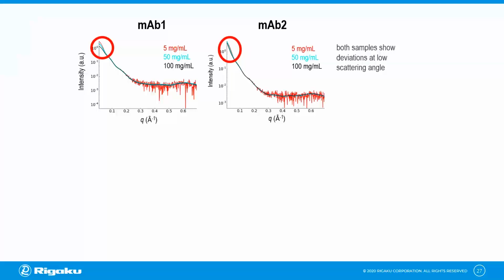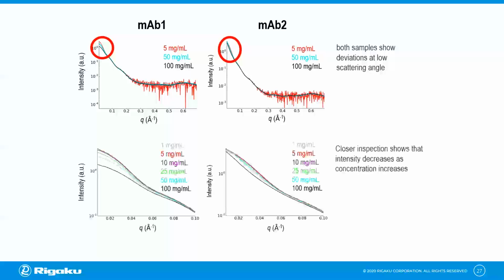But what it shows is that both samples deviate at low scattering angle. And if we zoom in and take a closer inspection, it shows that the intensity is decreasing as the concentration increases in this case. So we'll see here that it's dropping down as the concentration increases. And this is that hallmark of interparticle repulsion that I talked about. You know, they are distinctly different between the two of these.